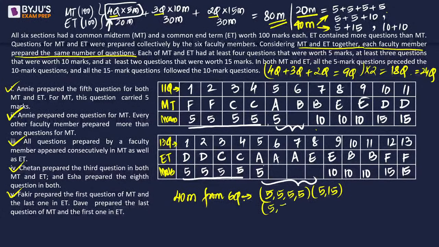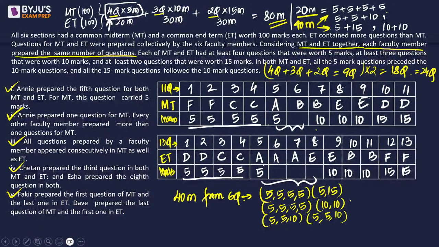Or I can have 5, 5, 5, 5, and then 10 and 10. Okay, 6 questions for 40 marks. Can we say we can have another one which is 5, 5, 10 and another 5, 5, 10? Such that from 6 questions we will get a total of 40 marks. Do we have any other scenario? Looks like no, we don't.